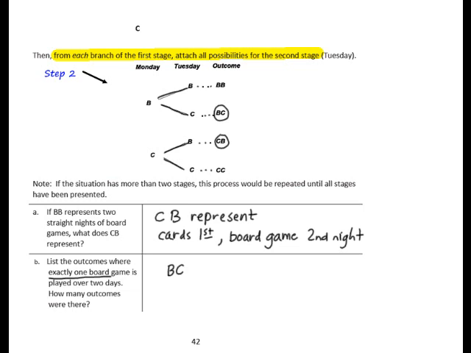Well, that's exactly one board game, so that counts. And then the last outcome is cards, cards. And that does not have exactly one board game, so that one does not qualify either. How many outcomes were there? There were 2. 2 outcomes.